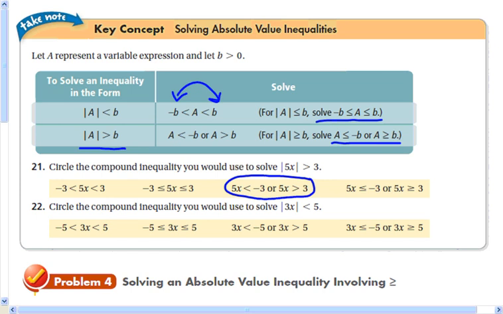Okay, if we're going to do the absolute value of 3x is less than 5, that means that 3x is somewhere in this range on a number line.